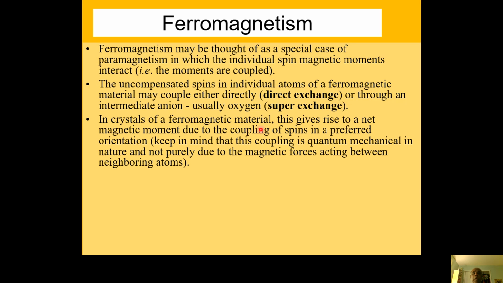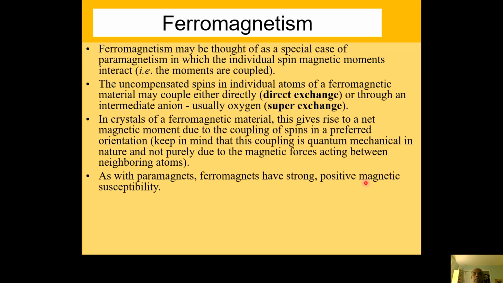In ferromagnets, they have a net non-zero magnetic moment due to the coupling of spins, right? That keeps them in a preferred orientation because of that interaction that you don't have for paramagnetism and diamagnetism. Also remember that coupling is a quantum mechanical phenomenon happening between neighboring atoms.